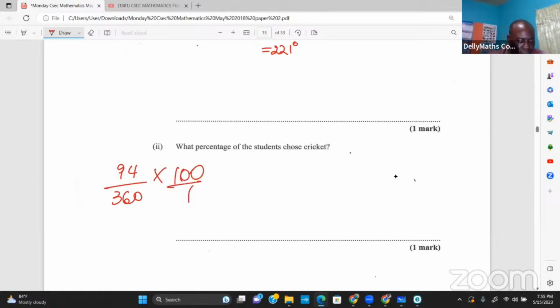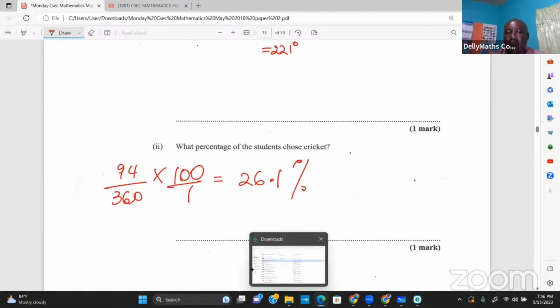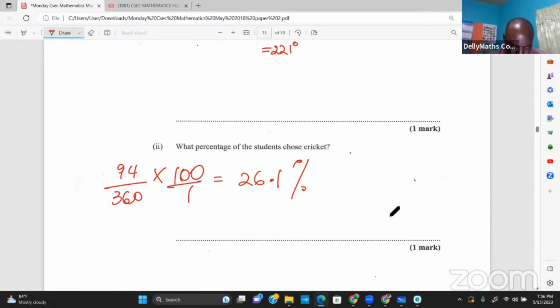So it's 94 divided by 360, multiplied by 100, and I'm getting about 26.1%. Very straightforward. Relate the idea as a fraction and then multiply by 100 all the time to get the percentage.